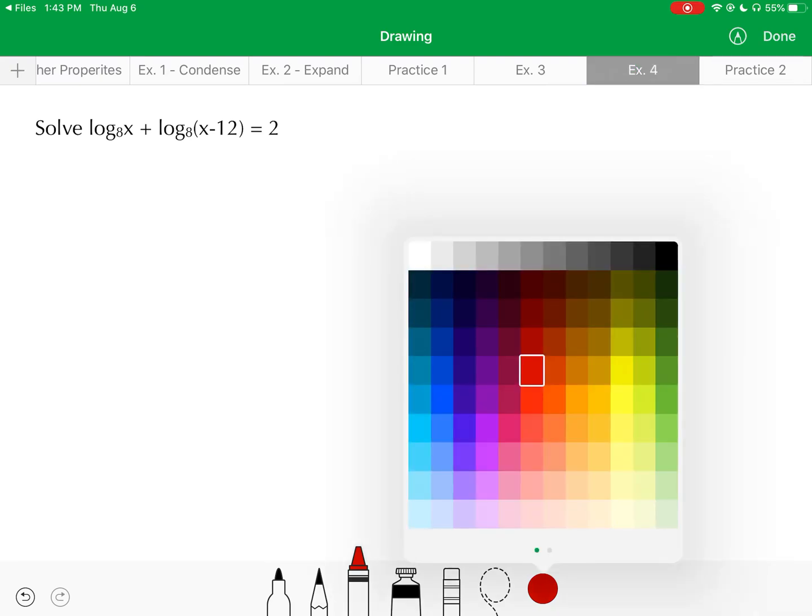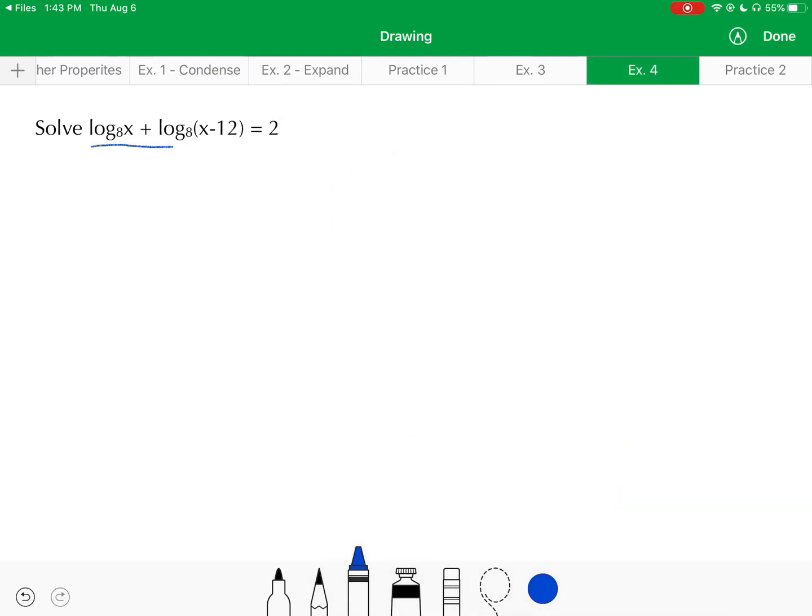But we want to start with the left side, and we want to try to condense that left side down. Since those logarithms have the same base and they're being added together, you can use a product property, and you can multiply the arguments of x and x minus 12 together.